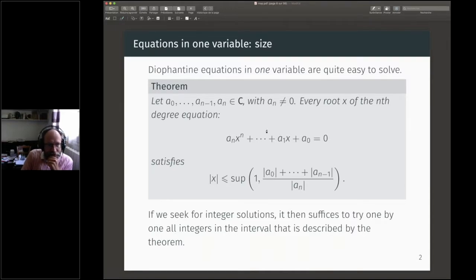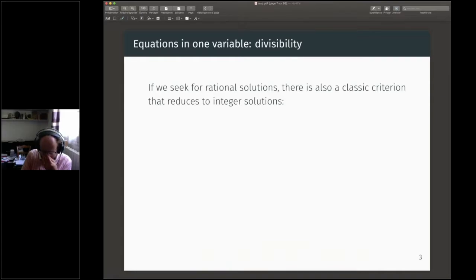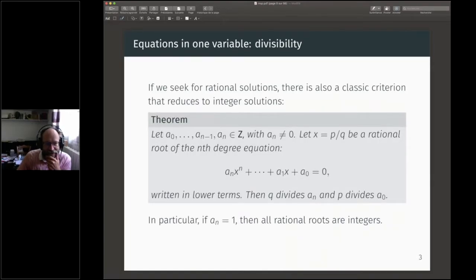If I'm looking for rational solutions, then it's a bit more complicated because there are infinitely many rational numbers in the interval, but there is a classic criterion using divisibility that reduces to integer solutions. I will assume that the coefficients are integers, and then if I am seeking rational solutions of the form P over Q in lowest terms, then Q, the denominator, will divide this integer an, and the numerator will divide this integer a0.